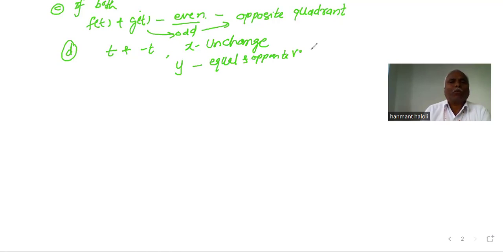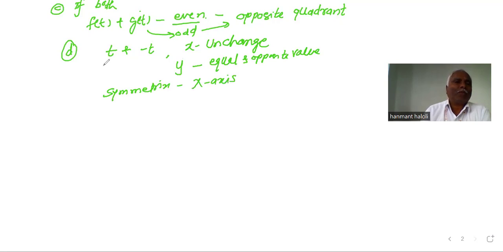Opposite value means a sign change with the same magnitude. Then the curve is symmetric about x-axis. Be careful about this.